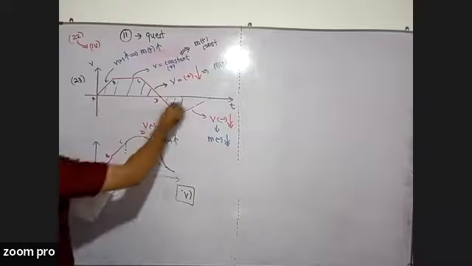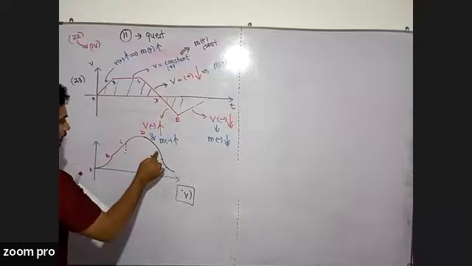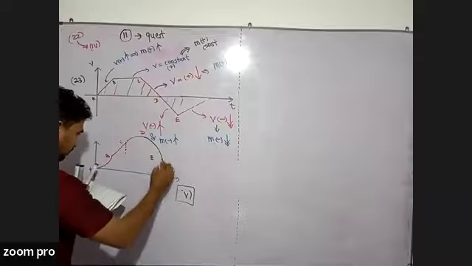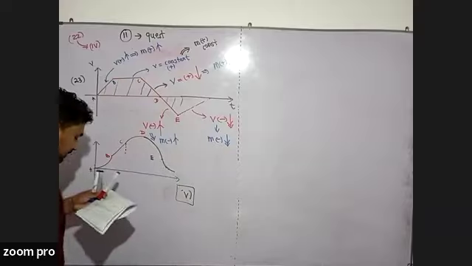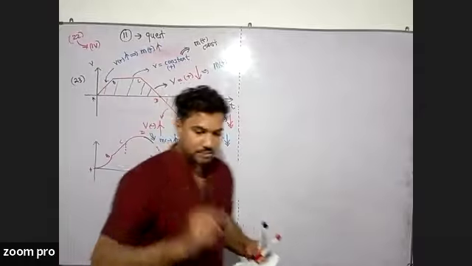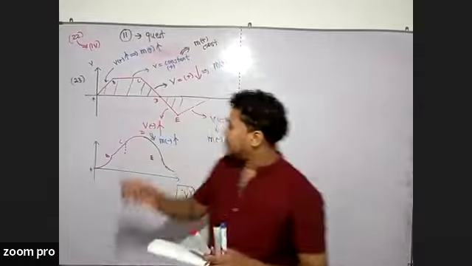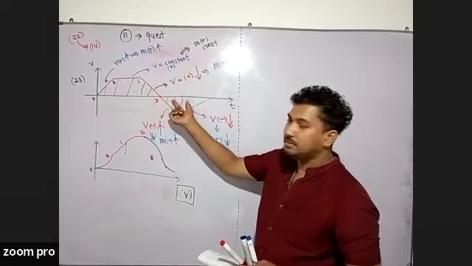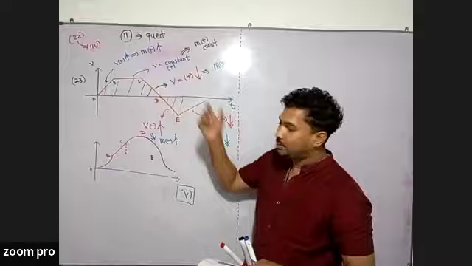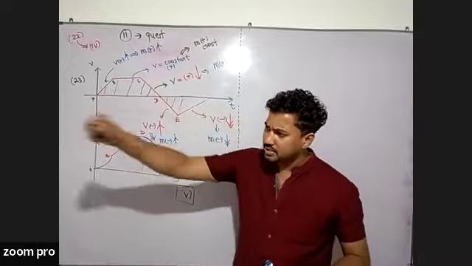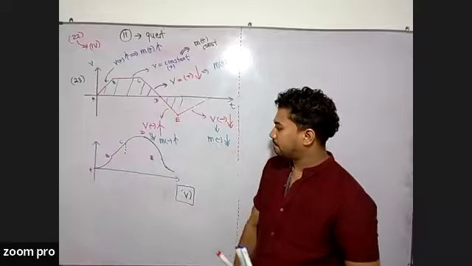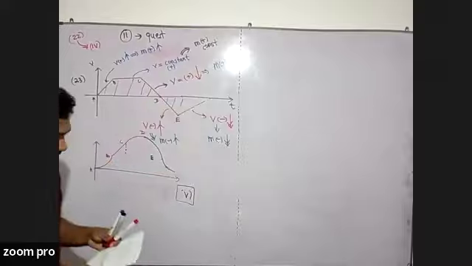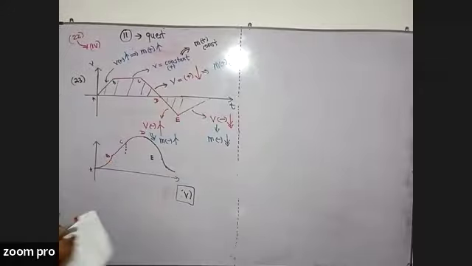If this area were greater than the one above, then obviously this graph would go beyond this line, and the answer would be the first one. But here the area of this shaded region is greater than the one below. So obviously the object doesn't come back to the initial position, right? Okay, so that's the answer for the 23rd one.